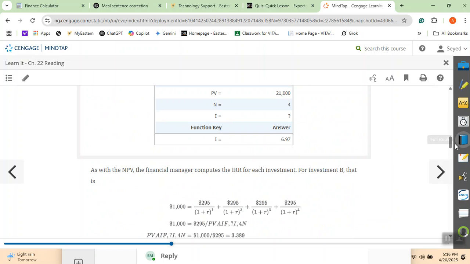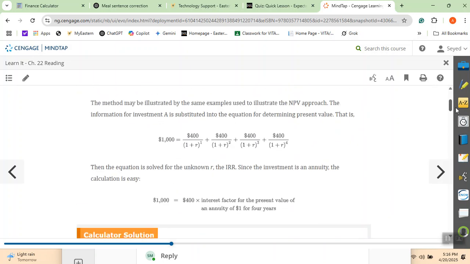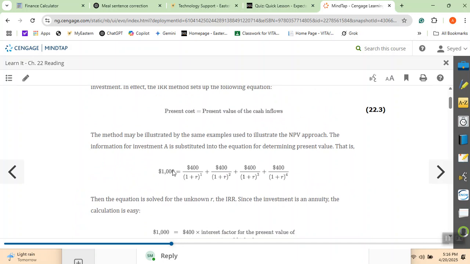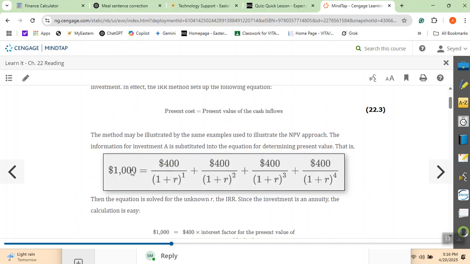Let me start with this simple example. Imagine that you can go and borrow money, let's say $1,000, from a bank. Think about yourself as a farmer.